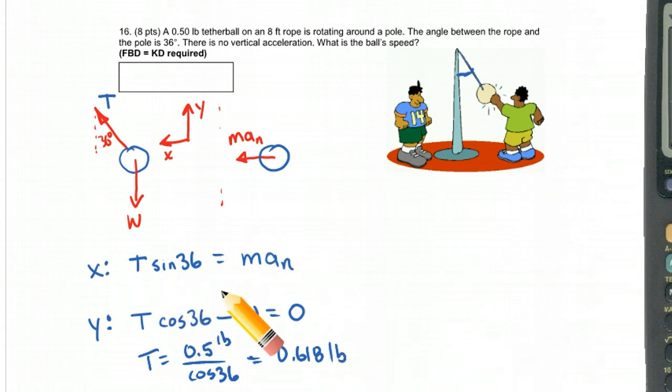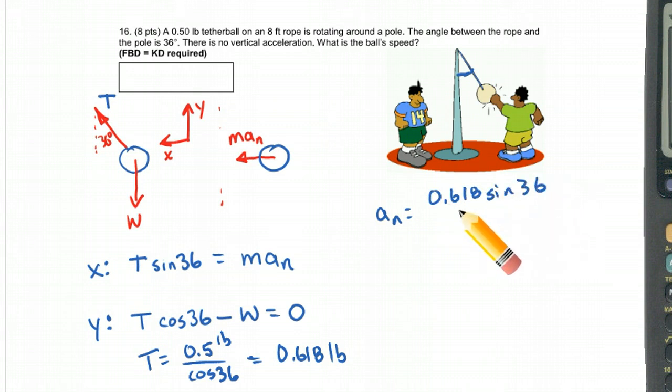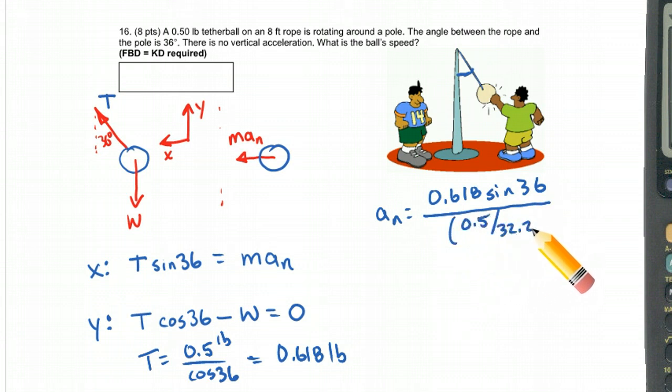Alright, so we can come back up to this equation now. We know the tension, we know the mass, we can find a normal acceleration. A sub n is equal to 0.618 sine 36 divided by the mass, which is 0.5 over 32.2.